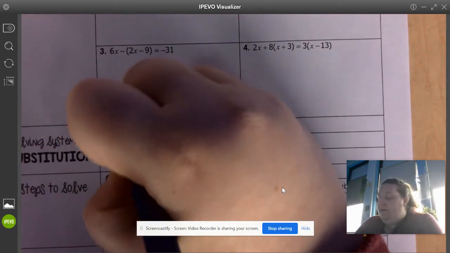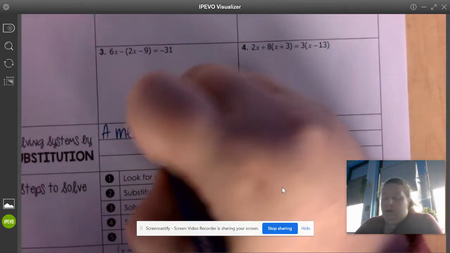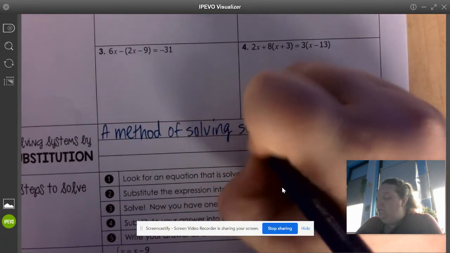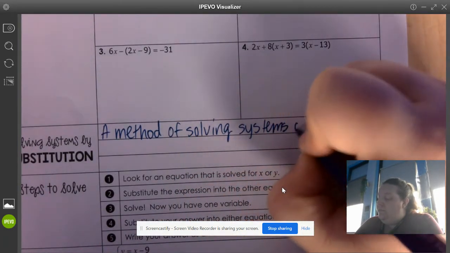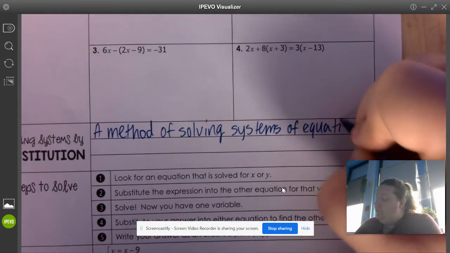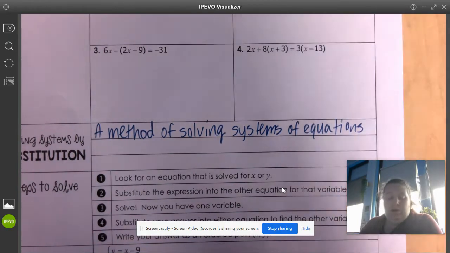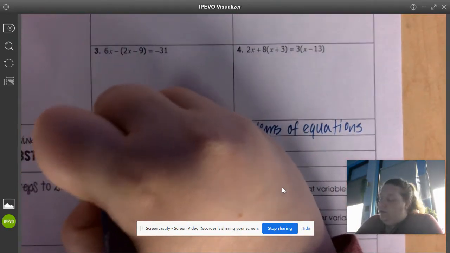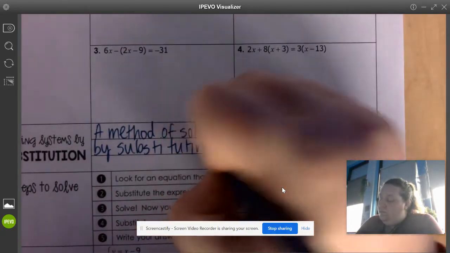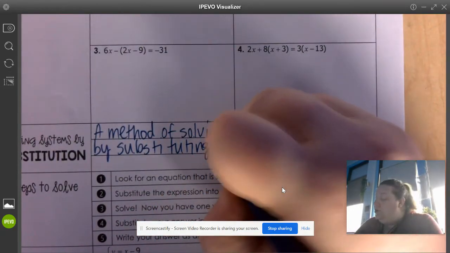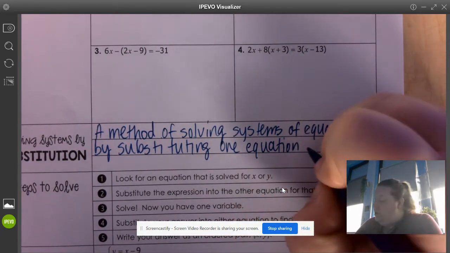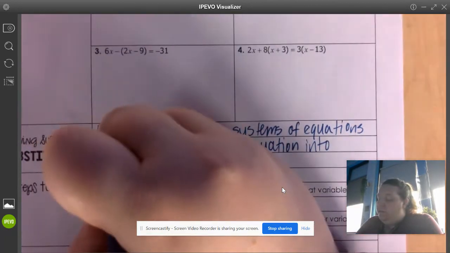This is a method of solving systems of equations by substituting one equation into another.